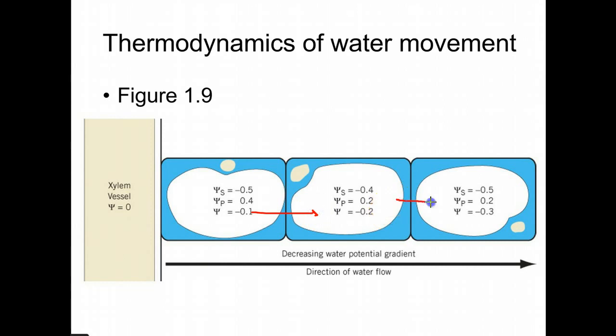Then the question is, well, how long does it move? Well, it's going to move until this is -0.2, because this is -0.2. So this is going to become 0.2. Okay, yeah, that's a 2.